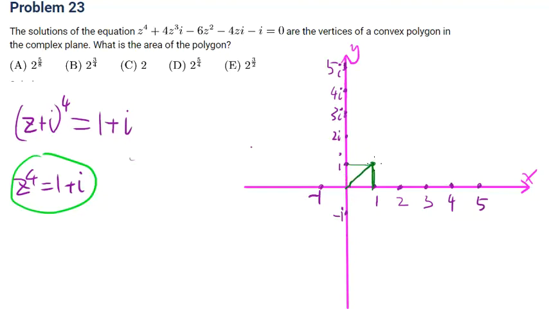The magnitude is root 2, so we then take the fourth root of that, which is root 2 to the one-eighth power. It's going to be extremely close to 1, but it's not going to be 1. Anyways, we have to quarter this angle. So a quarter of this angle is about here.